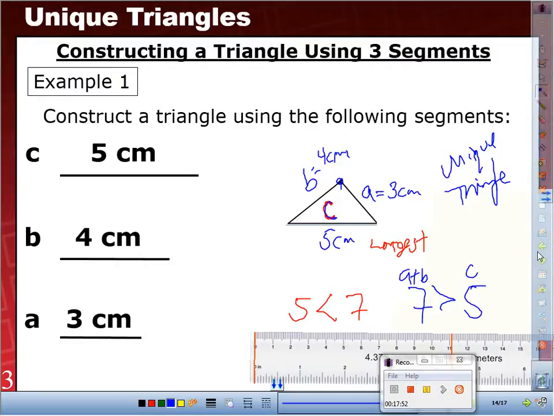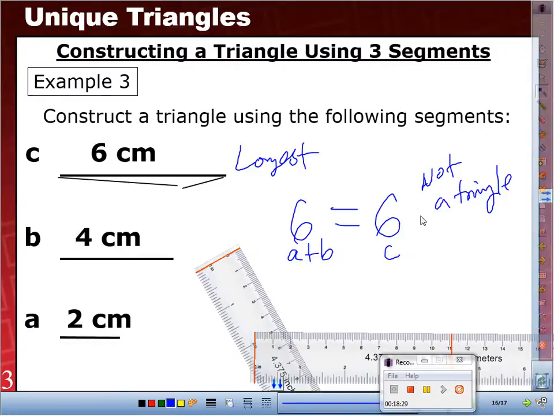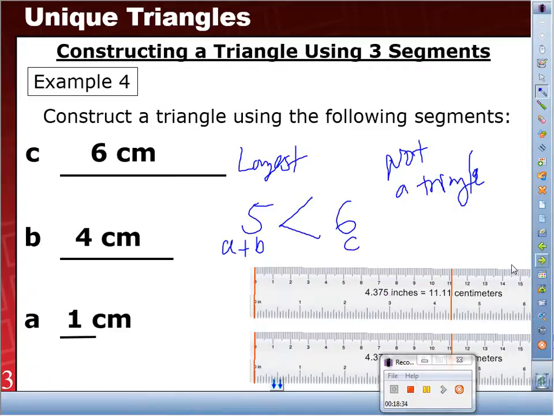Are we there so far? Yes. For example 2, we were able to make a unique triangle. We said A plus B is 8, C was 6, and 8 is greater than 6. For example 3, we weren't able to make it. A plus B was equal to C. And the last one, A plus B was less than C.